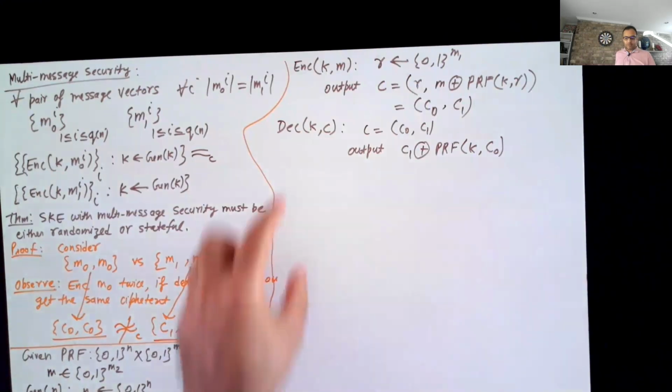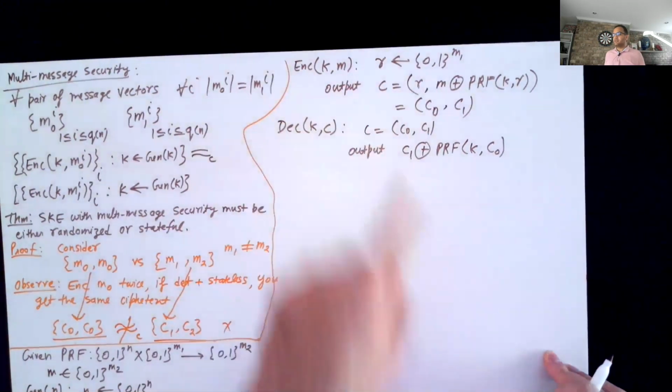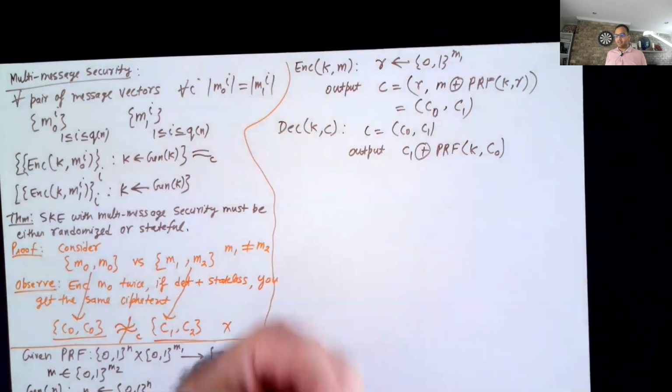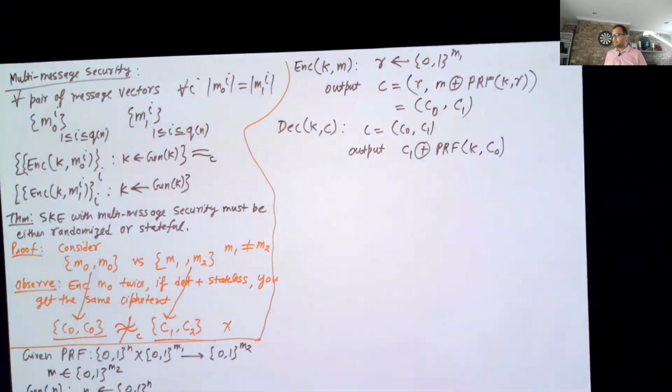Now, the interesting thing about this encryption scheme is that even if I encrypt the same message multiple times, I'm very likely to get different ciphertexts just because this random number is sampled uniformly every time. And very likely it will continue to be different.